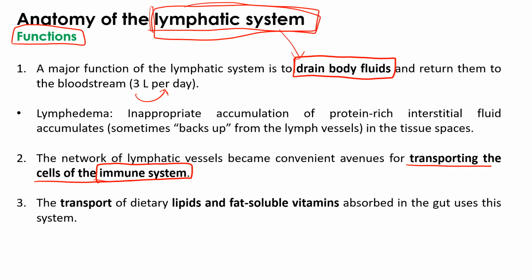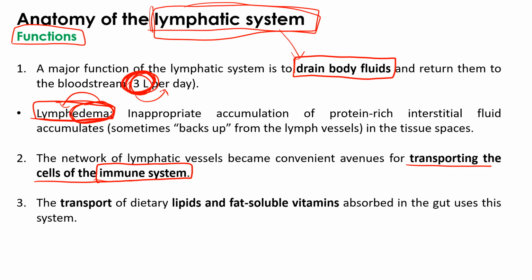So if you remove and destroy the lymphatic system, you're going to have a deficit and fluid will accumulate in your tissues, causing lymphedema. Okay, so lymphedema, remember, is accumulation of fluid, in this case related to the lymphatic capillaries.